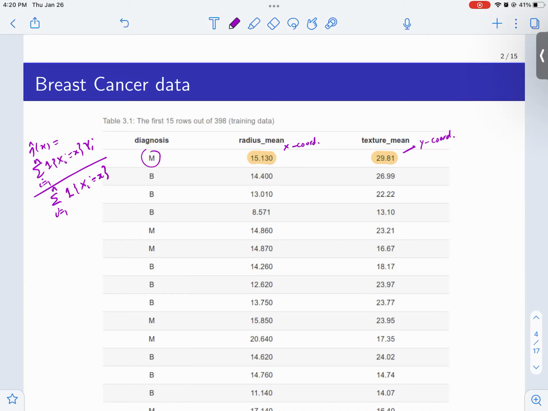What kind of function do I get if I apply this? Yes, I don't think it would work because these are continuous values, so it's very unlikely to be exactly equal.